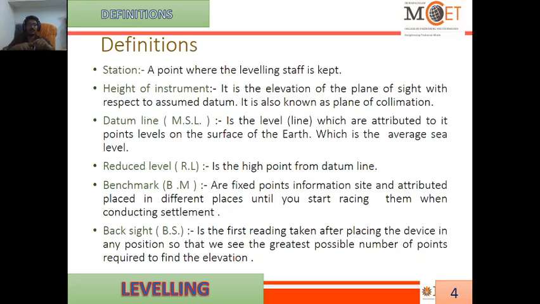So I take the staff reading over that standard benchmark by holding the staff on it and taking the line of sight reading. That procedure is called the backsight, the first reading. The backsight does not mean turning back; it is the first reading taken from the new position of the device to start the survey, right? So that is the backsight.